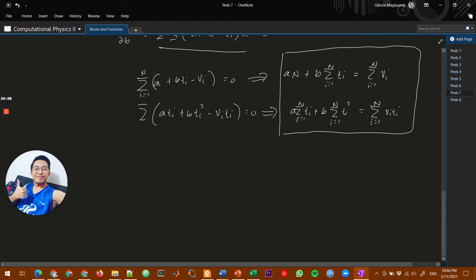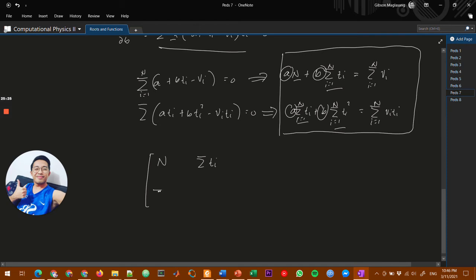Okay, so we can transform this into a matrix by having this. We put the coefficients in. So we have n, the summation of t sub i. The a and b go into a separate matrix. So we consider n, this one, and this.